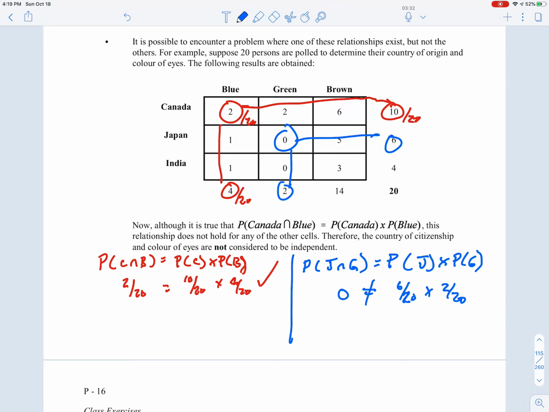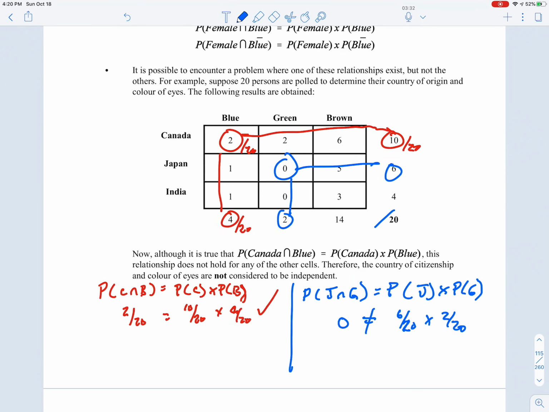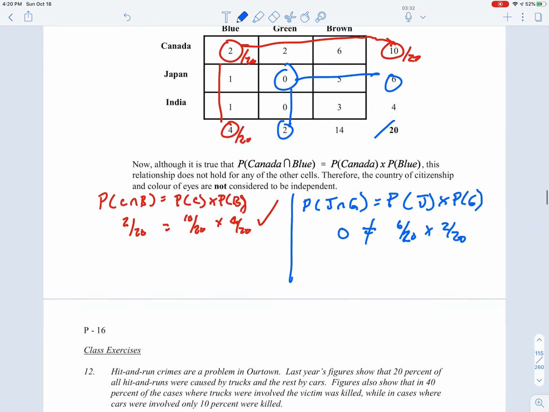So if we took the marginals and multiplied them, remembering that they're all out of 20, 6 out of 20 times 2 out of 20 is not equal to 0. So what we have here then is that eye color overall is not independent of your country of origin. They're not independent because we found an example where this does not hold. It has to hold for the whole table.